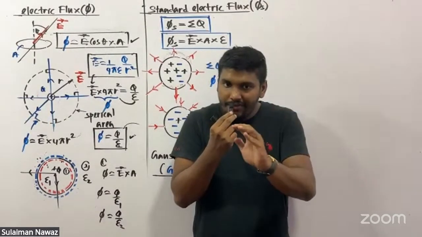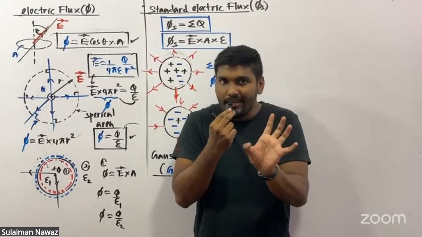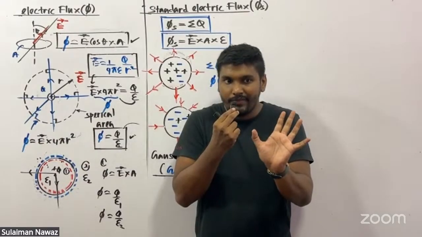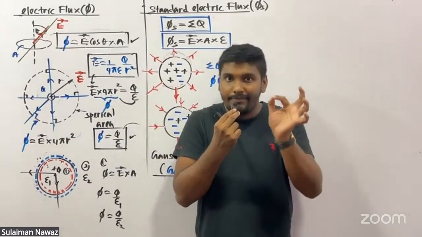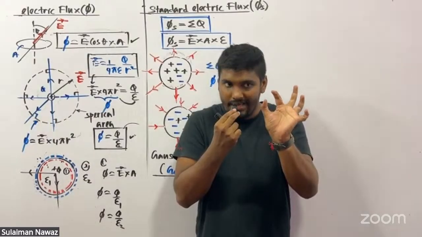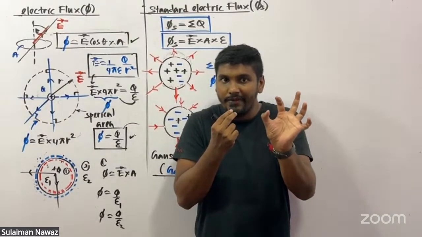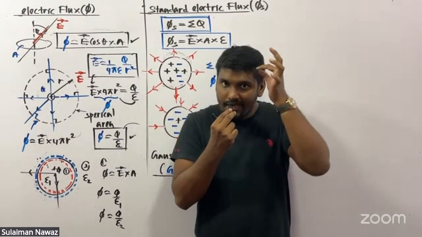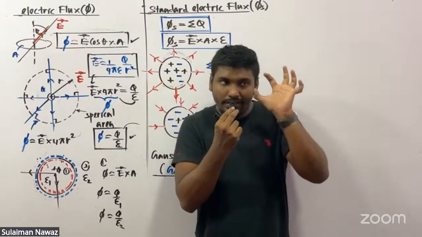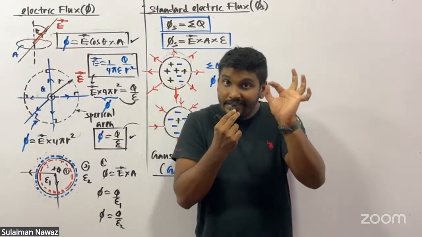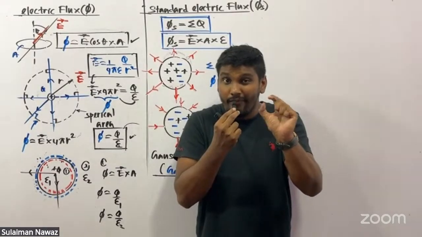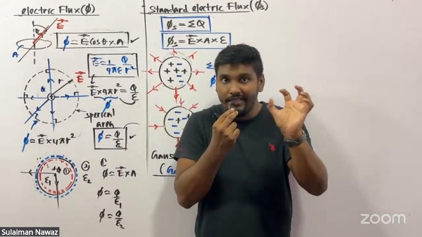But we know in the universe all objects are three-dimensional. Even if you consider a girl's hair, that hair also has a kind of volume. It looks like it has only length, but it has a length, width, diameter.